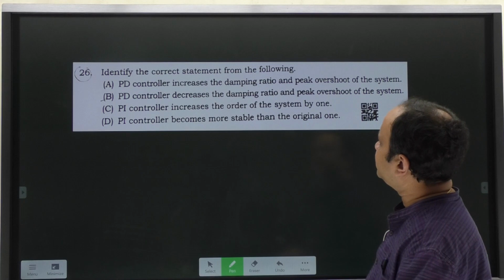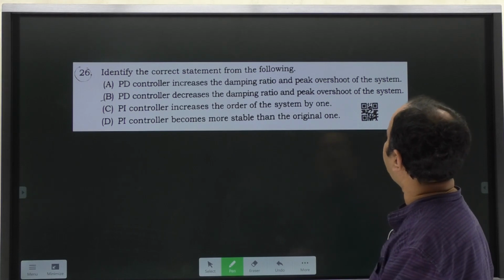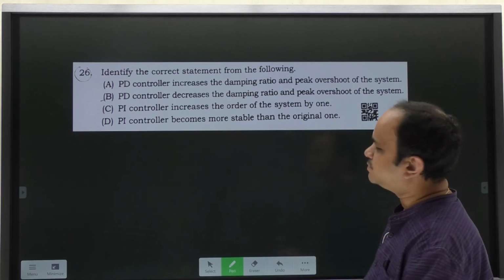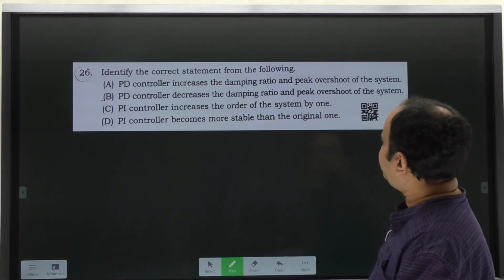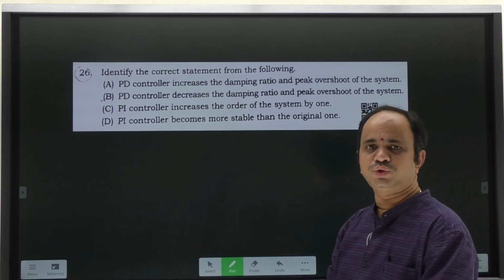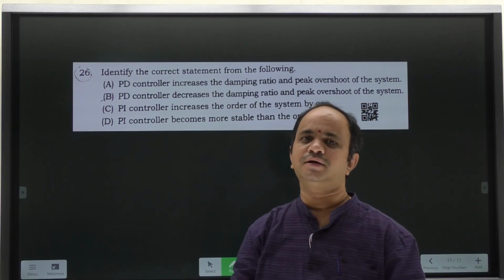PD controller increases the damping ratio and peak overshoot of the system. So straight away I can reject this option. Why? Because damping ratio and peak overshoot are inversely related terms.